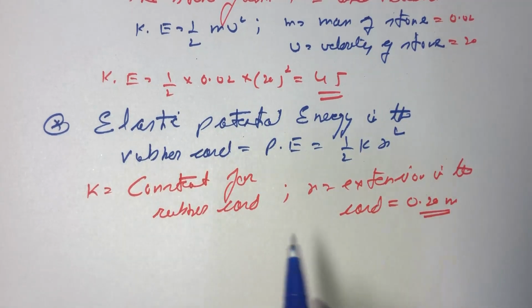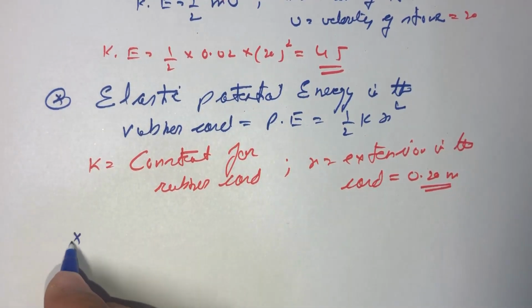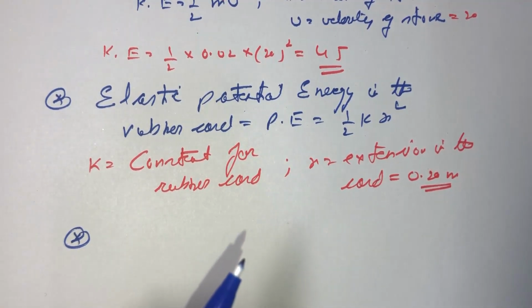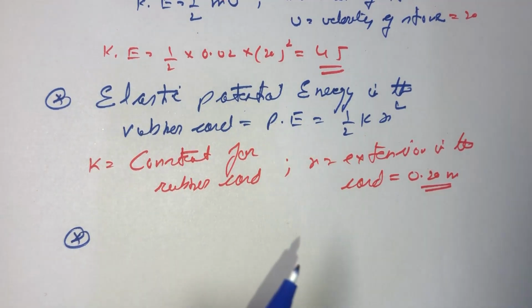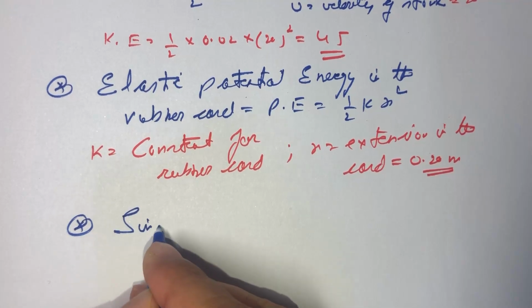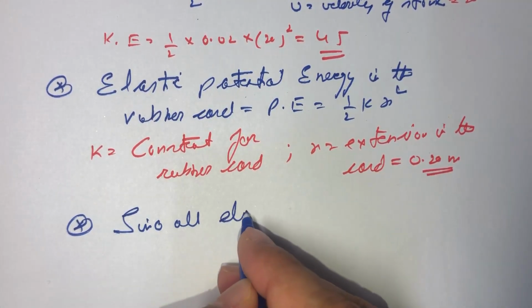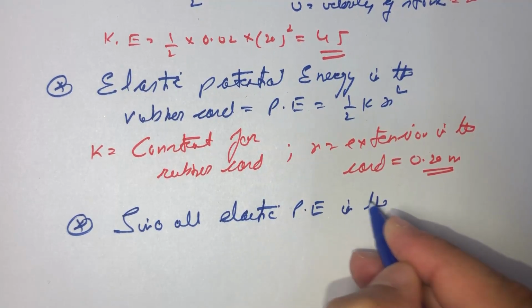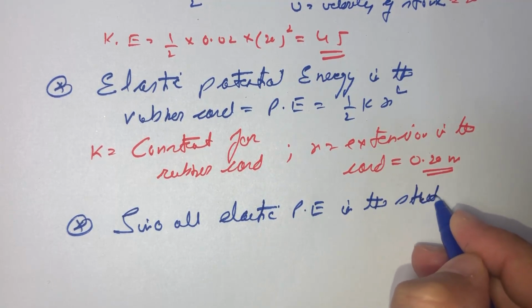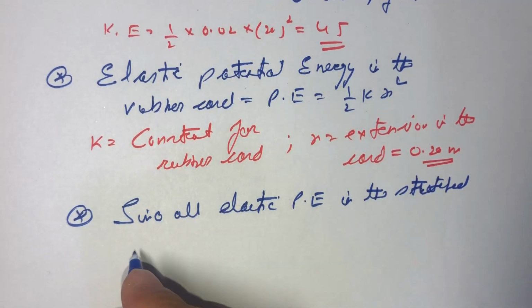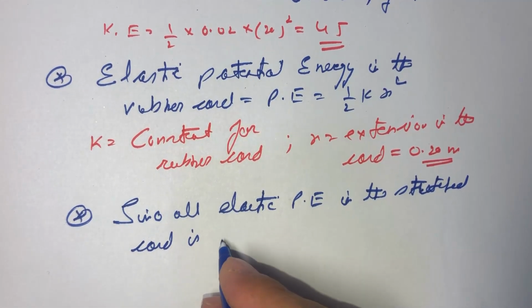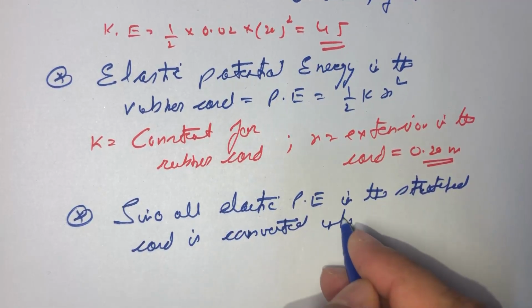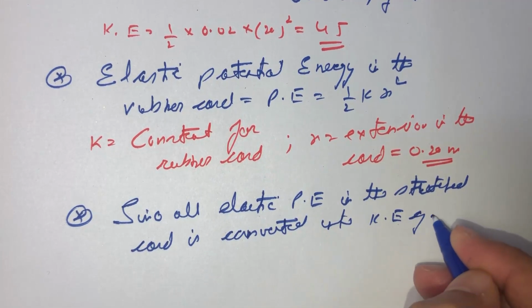So potential energy is equal to kinetic energy. Let's write that since all the elastic potential energy in the stretched cord is converted into kinetic energy of the stone.